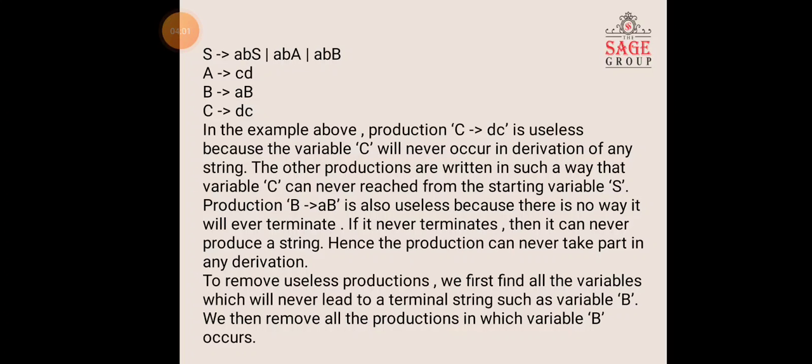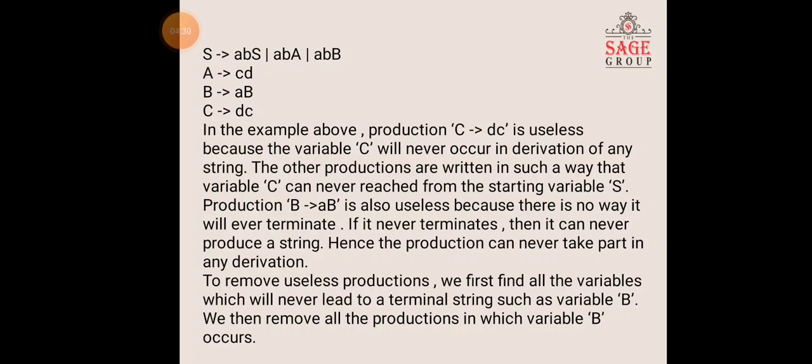Similarly, B tends to AB is also useless, because there is no way through which it can be terminated. You can even say that B cannot participate in the derivation of any string. Such symbols are said to be useless, and thus they have to be eliminated from the grammar in order to make it more appropriate for use.